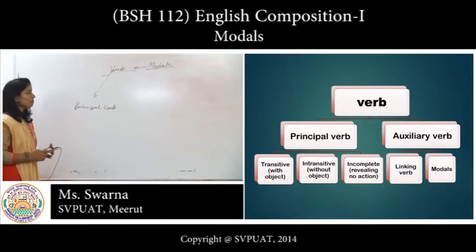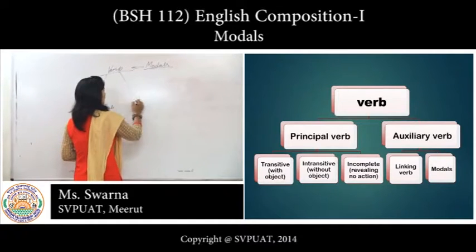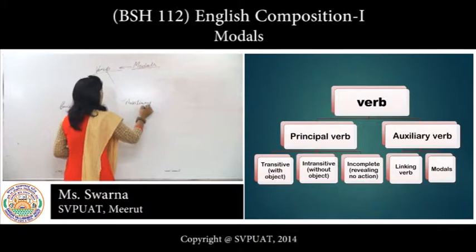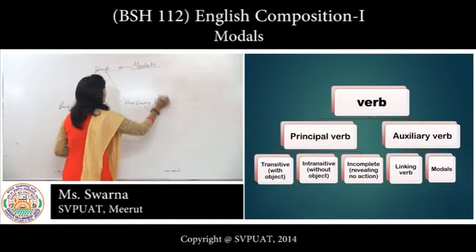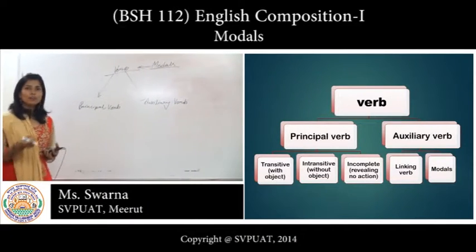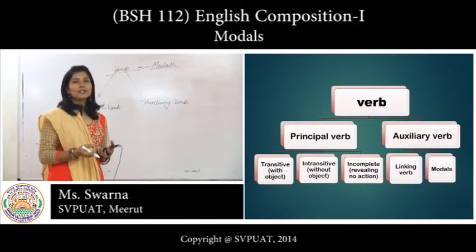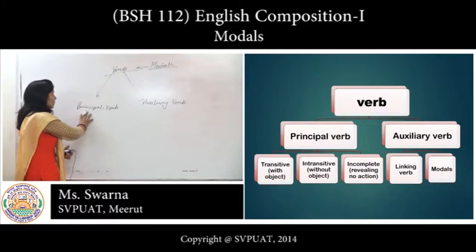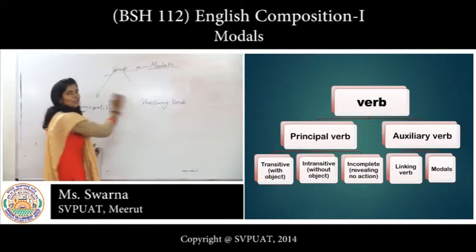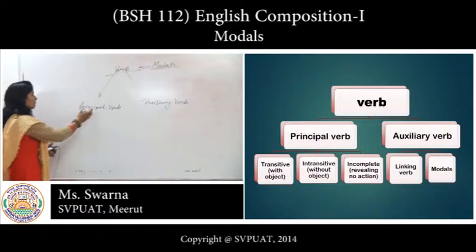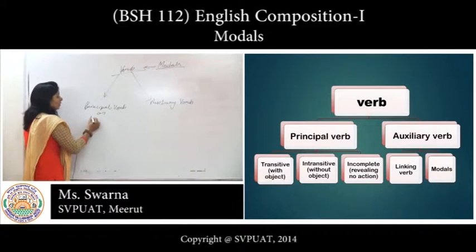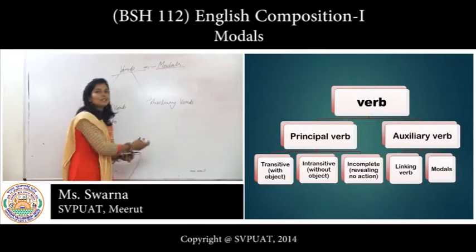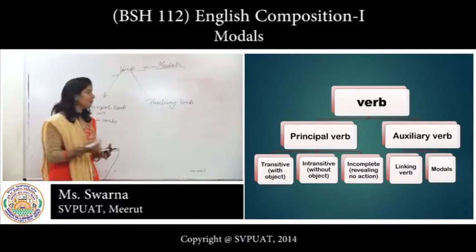First one is principal verb and second one is auxiliary verb. So verb is a word revealing the action of the sentence. You can say principal verb or main verb, and you can say auxiliary verb or helping verb.